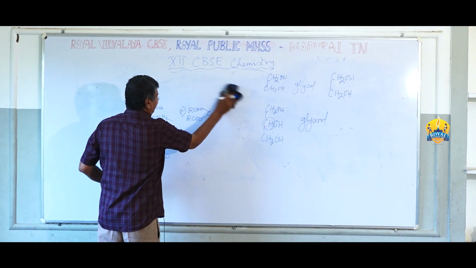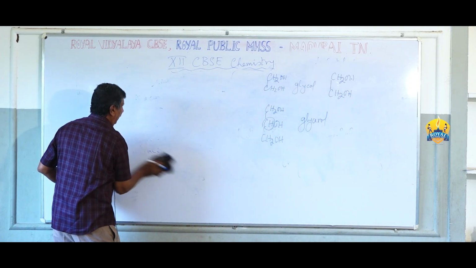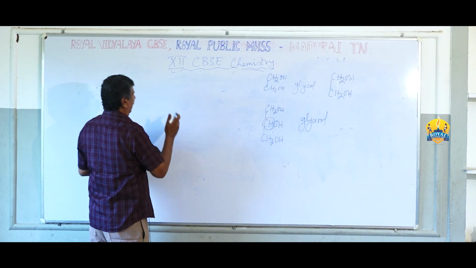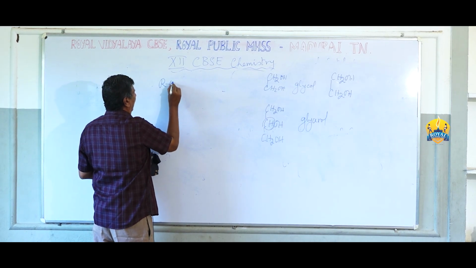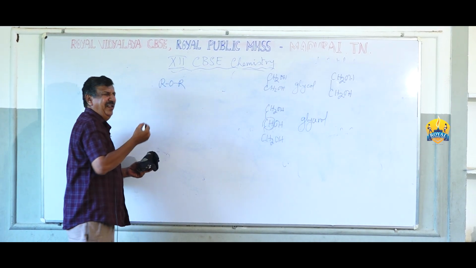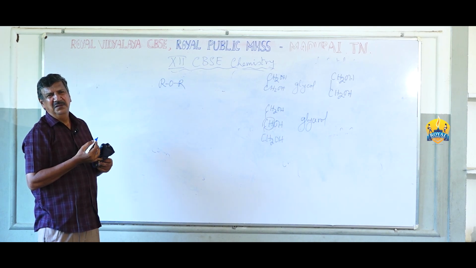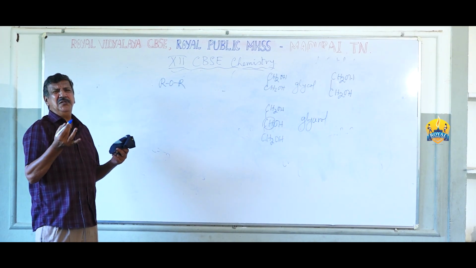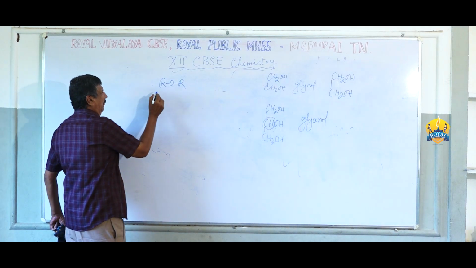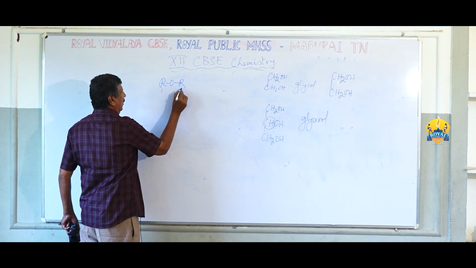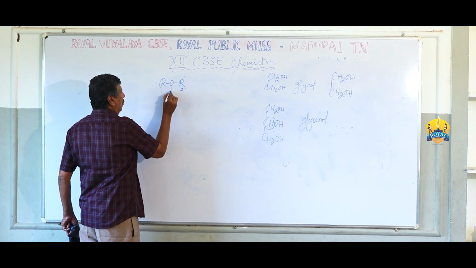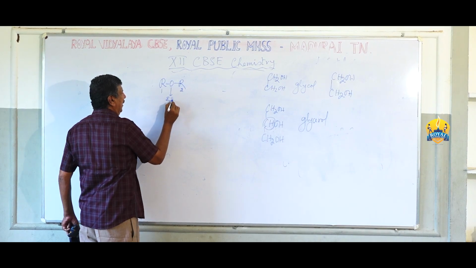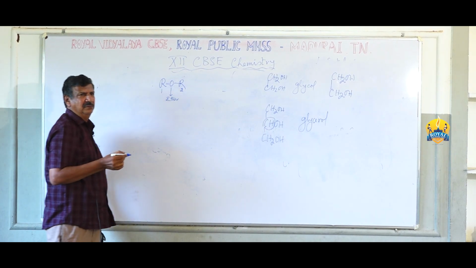Next one, ether. Next we are going for ether. These are all very easy. Once you see, you can learn. How? First you should learn this one, second this one, and the third one you should mention as ether, that's all.